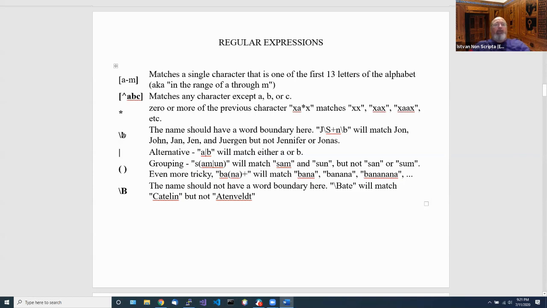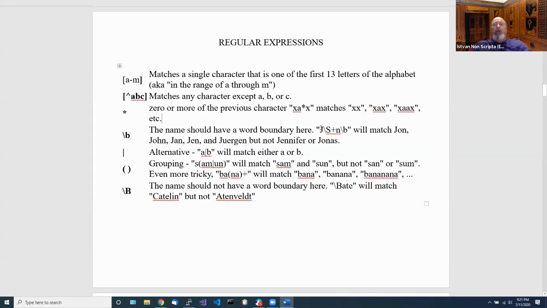If you want to use backslash lowercase b, that says that the name should have a word boundary. What that means is that one side of here is a space and one side of here is not a space.